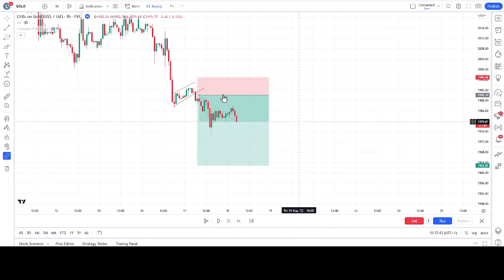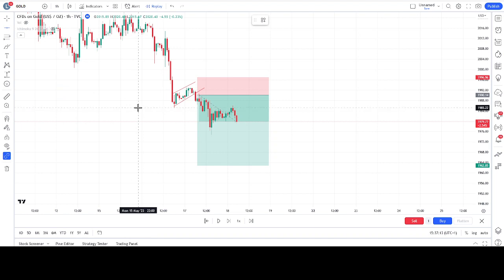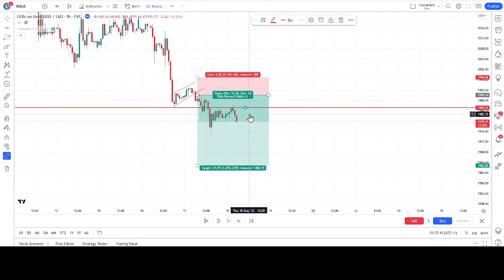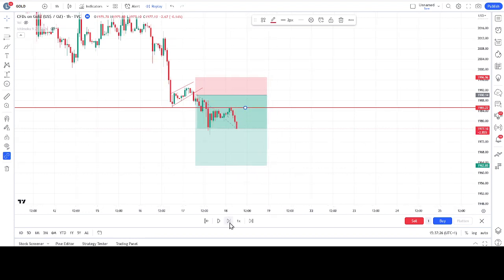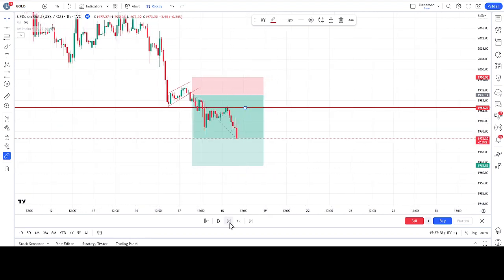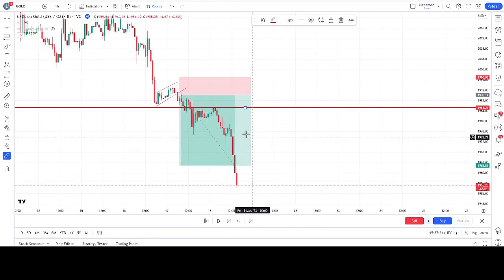Now this is sort of a resistance zone. If I take a horizontal line, you can look, this has been the resistance zone. So you can actually move your stop loss here and take profits from here if the price hits here. But let's assume this is our trade, and let's play the replay, and there you go, we won our trade.